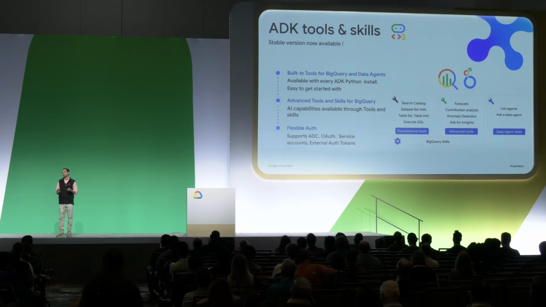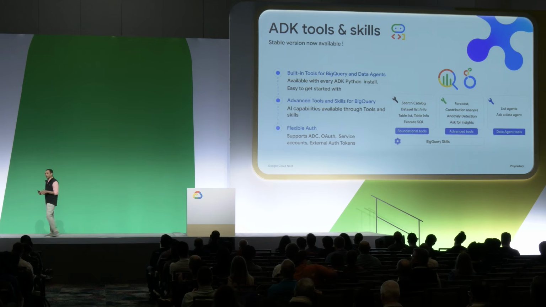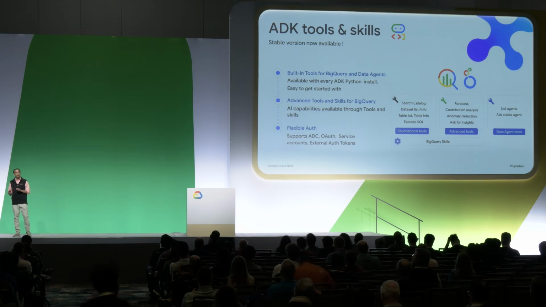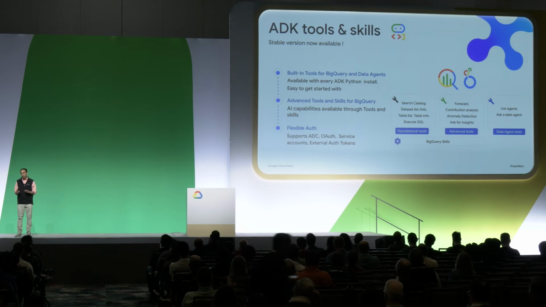Then you also have advanced tools. This is where we bring in BigQuery's advanced capabilities closer to your agent: forecasting, contribution analysis, and the likes. And lastly, we also are bringing in the data agent that you might have created outside as a tool within your ADK. So your agent can use this data agent for its outer loop as well.